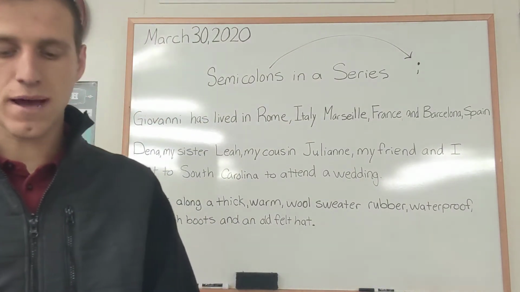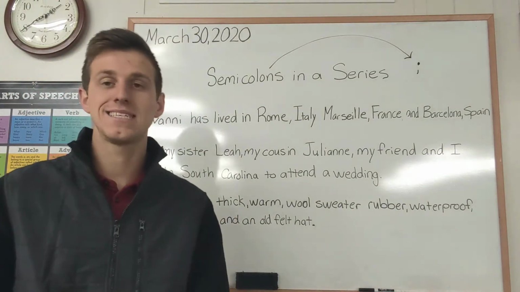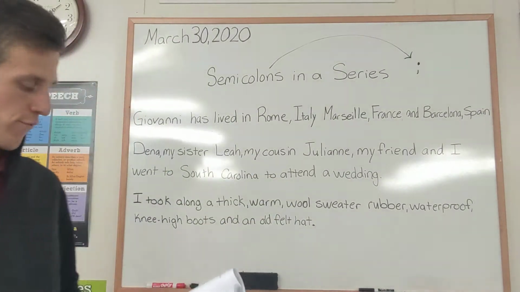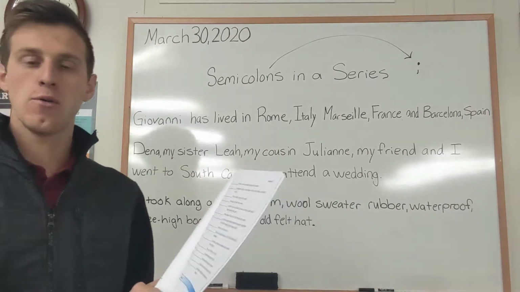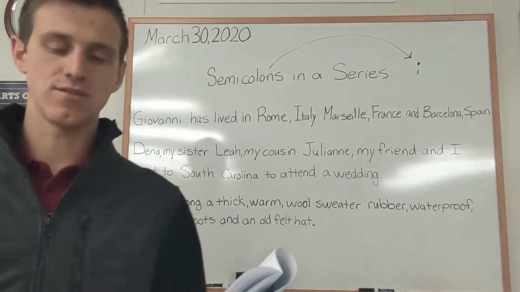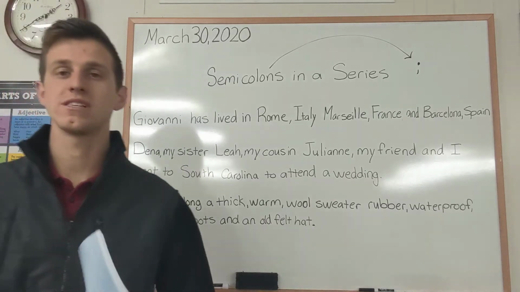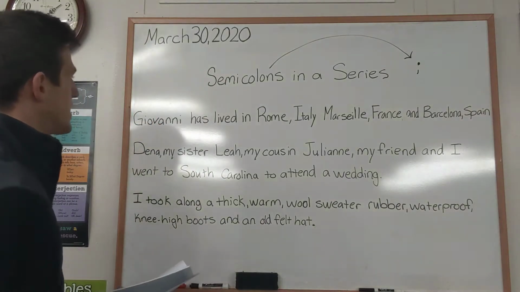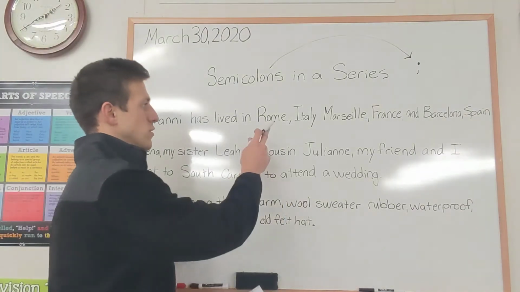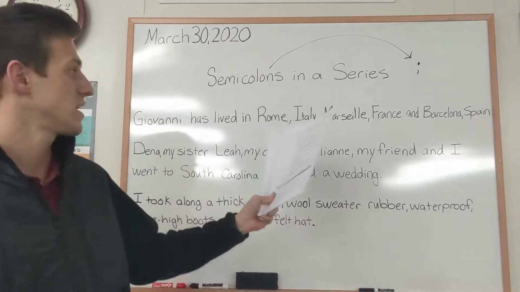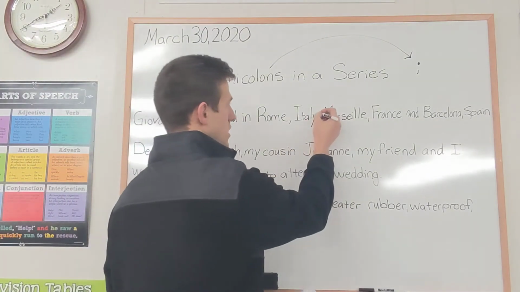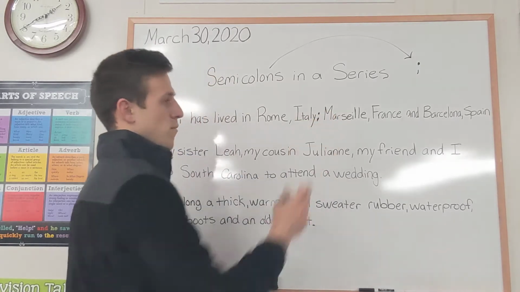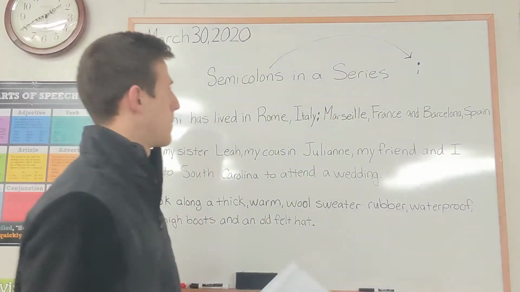It says, use a semicolon to separate items in a sentence that already contain commas, all right? So for their first arrow, they have sentences with a series of cities and states or countries need a semicolon. If you look at their first sentence, Giovanni has lived in Rome, Italy; Marseille, I'm not sure how you pronounce that, France; and Barcelona, Spain. We use a semicolon to separate our country from our next city.